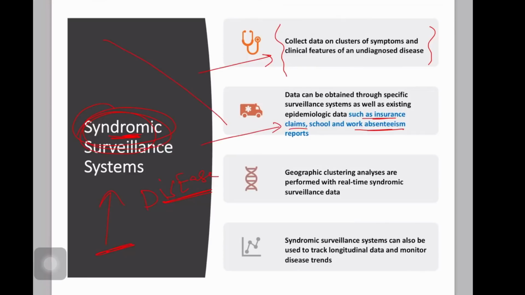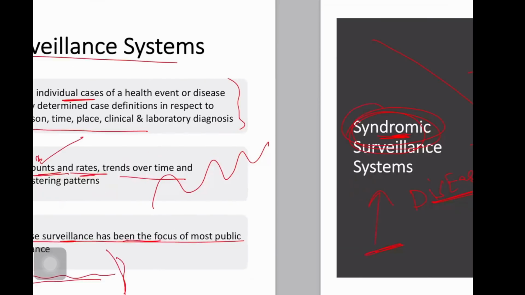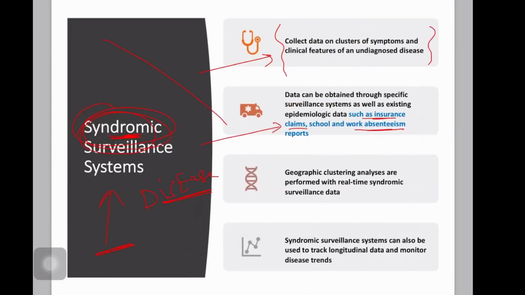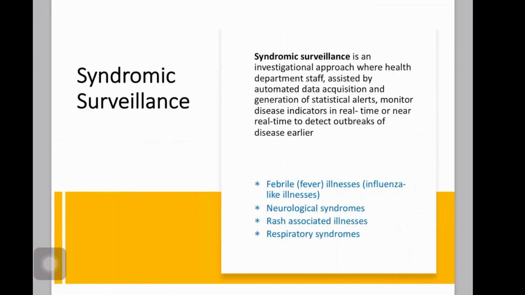We can collect the data, and then correlate the data from different data points, and go for this surveillance. And geographic clustering, similar to case surveillance, we can also do here. Syndromic surveillance can also be used to track longitudinal data and monitor the disease trend, how the disease is progressing.